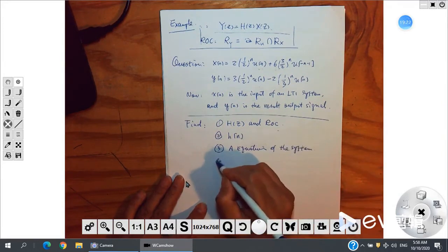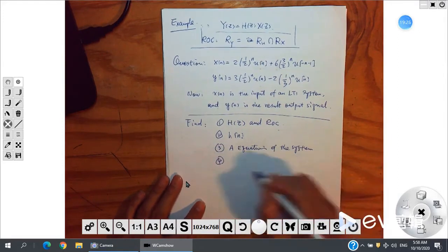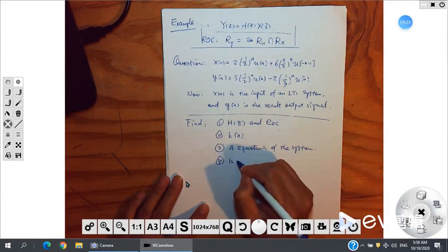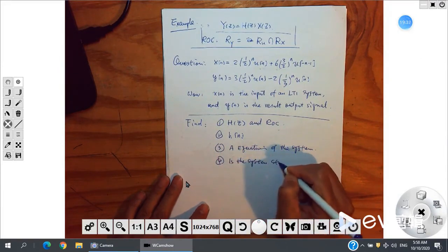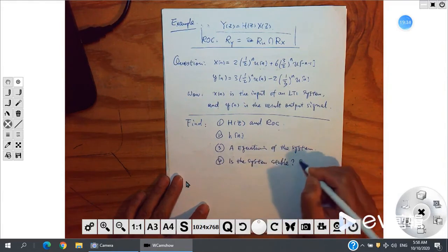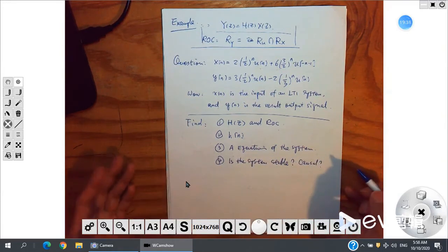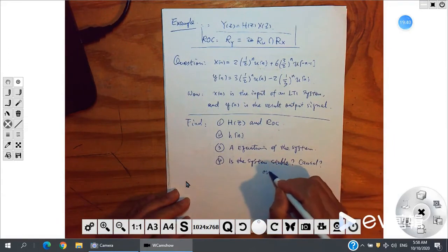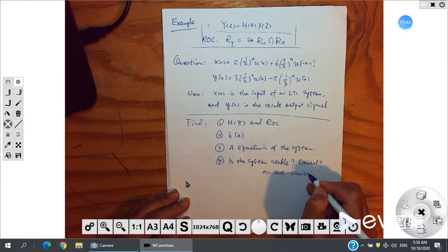And fourth, you want to check the property of the system: is the system stable, causal, or anti-causal. Alright.